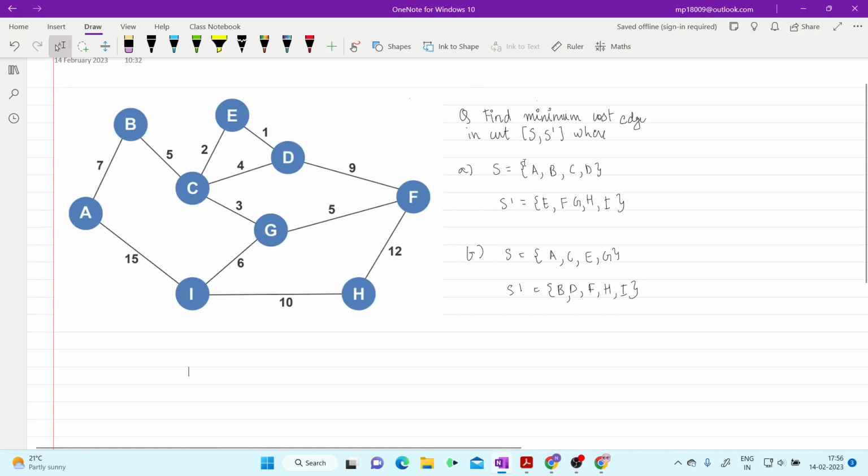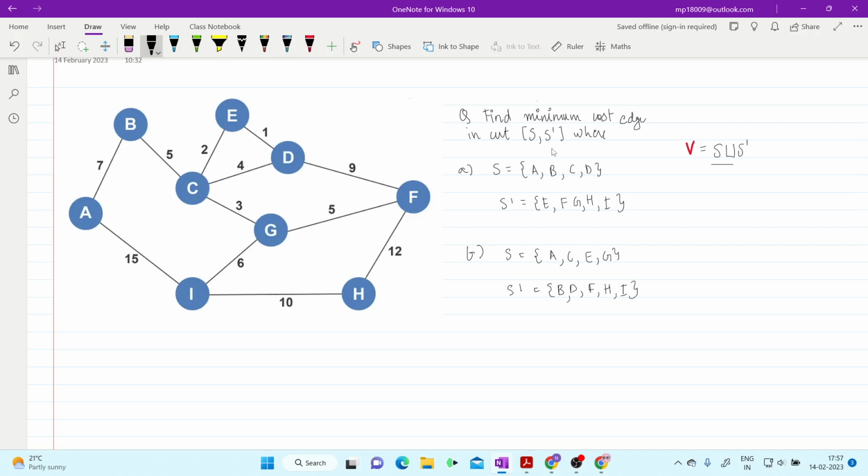Prim's algorithm uses this step first of all, that if we are given a cut of vertices. By a cut of vertices we mean that we have a set of vertices V and we are writing it as a disjoint union of S union S prime.